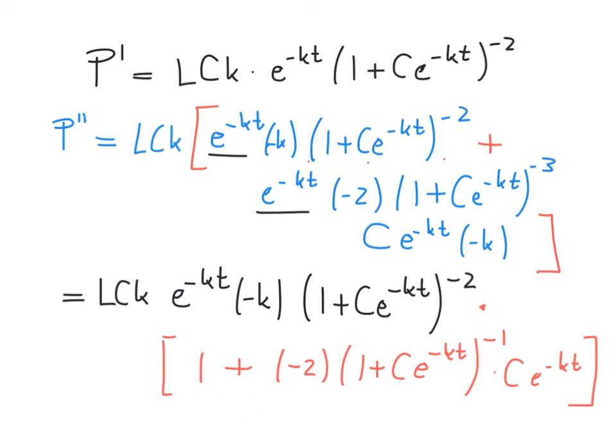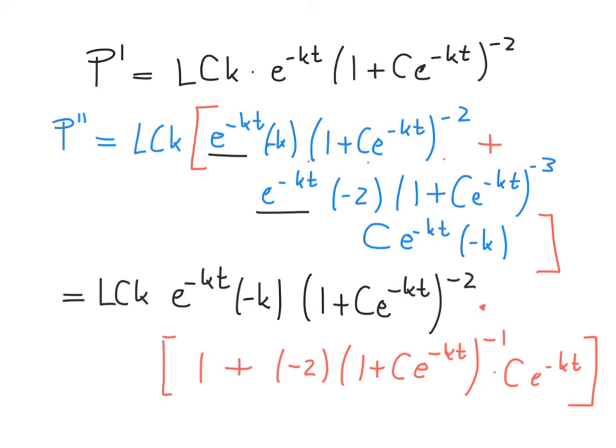Now let's recall what we actually set out to do. We wanted to find if this function has an inflection point, and if so, where. So we have computed the second derivative. Inflection points are given by the zeros of the second derivative.